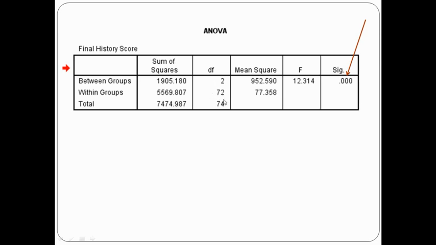How about within groups degree of freedom? As you can see, the sample size in our research is 75. 75 minus 3 groups, okay? The sample size minus K. In this situation, 75 minus 3 is 72.